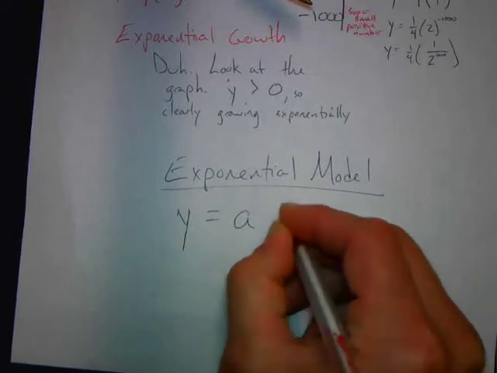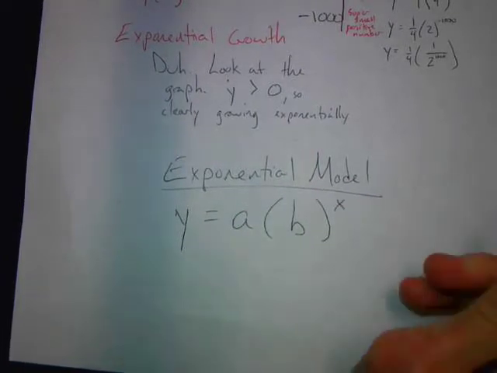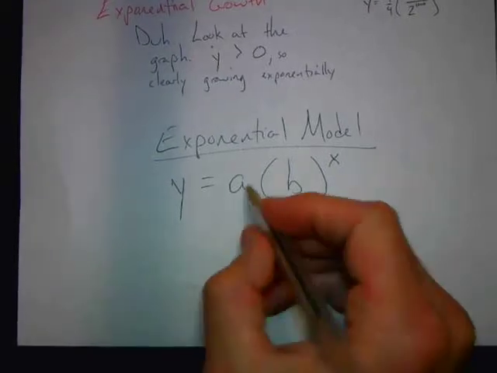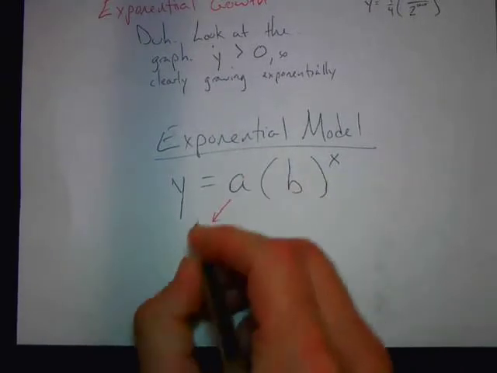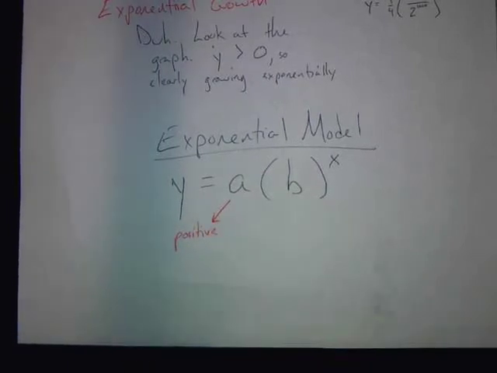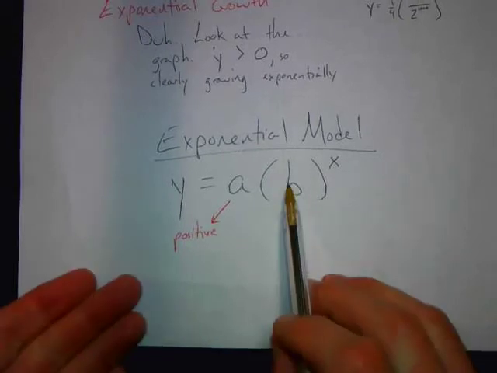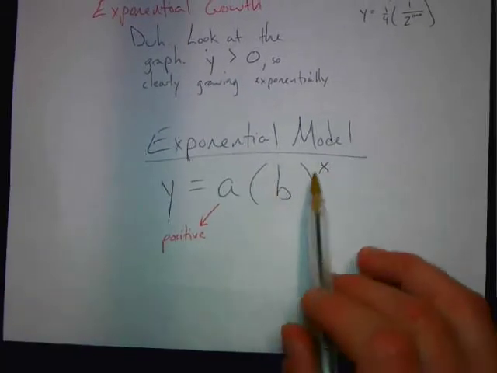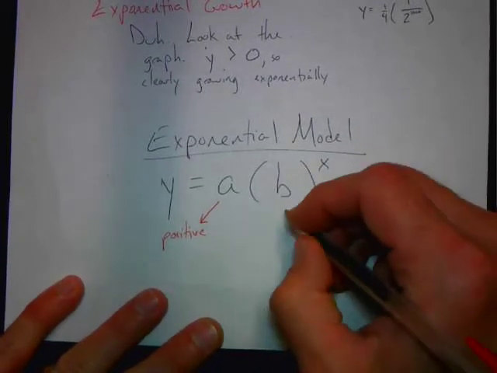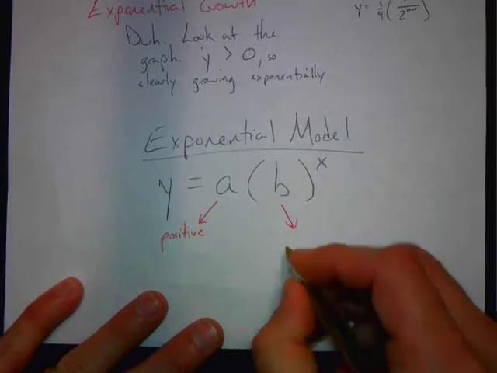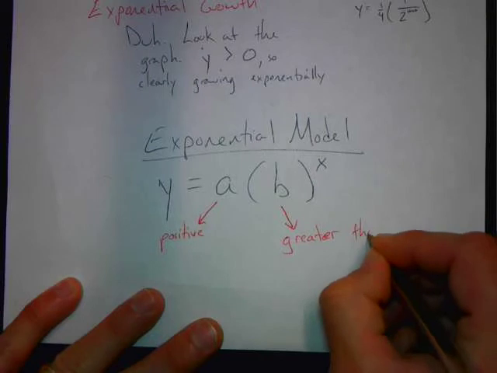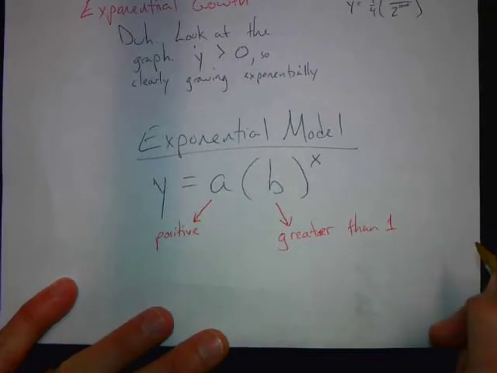If you have an exponential model that fits this description, and you know that this constant number a is a positive number, and it's being multiplied by something being raised to the x power, and this other number, this being raised to a certain number, if it's greater than 1, then guess what?